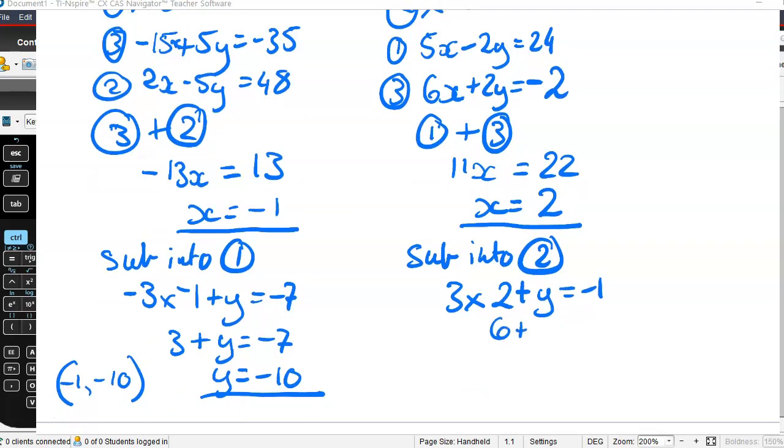So 6 plus y equals negative 1. y equals negative 1 take 6, negative 7. So there my solution is (2, -7). So look at the questions you want to do, you have to do, and then also look in your textbook for more examples. Thank you.